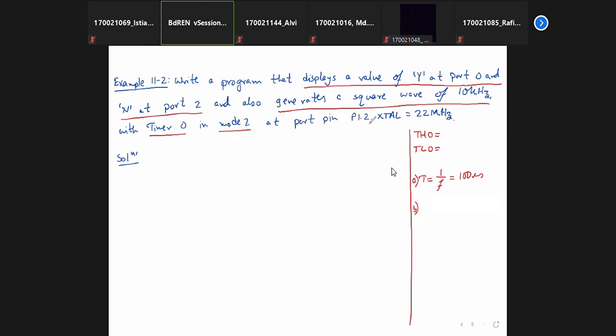See, try to see the output in P1.2 will be something like this. Square wave of 10 kilohertz, right? So it will be something like this. So which is your time period? This is your time period, which you already found out to be 100 microseconds. What is the next thing that you have to calculate?